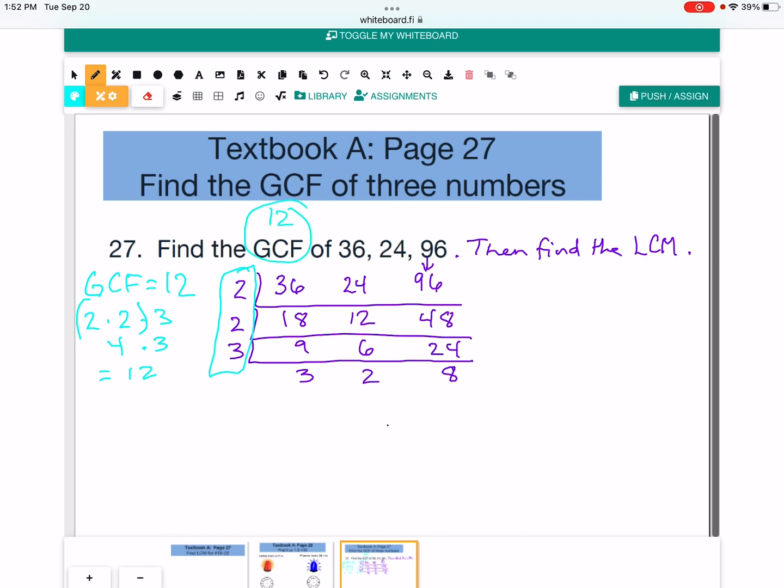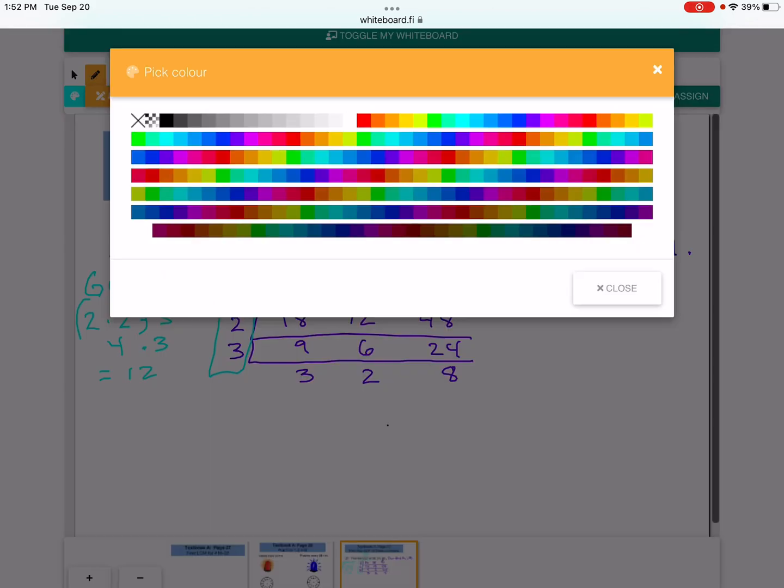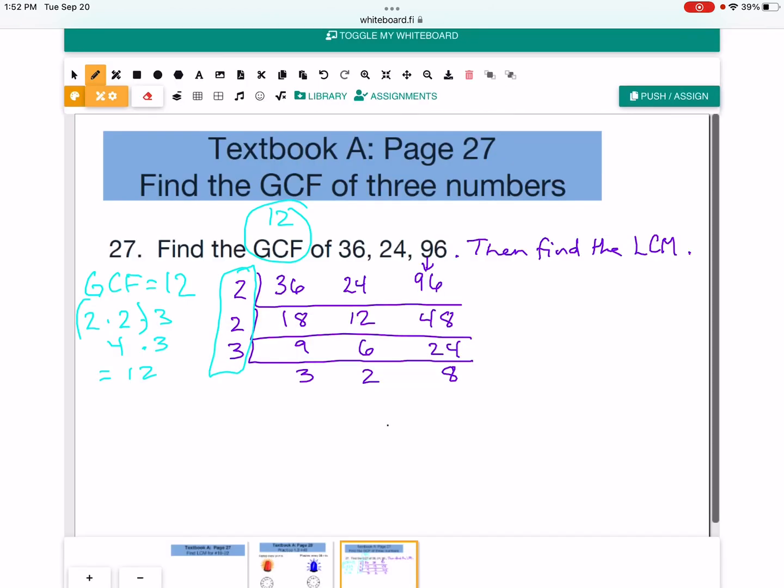All right. Now, how do you find the least common multiple? If in fact you were done with the ladder method and you had no common factors left, you would be able to multiply down and around. So let me go ahead and switch to an orange one.